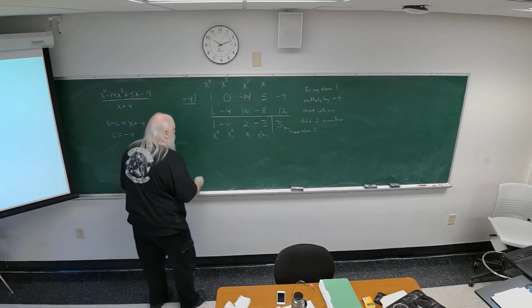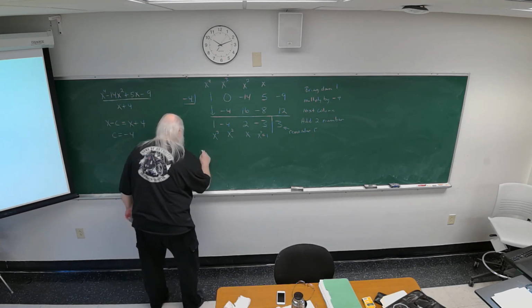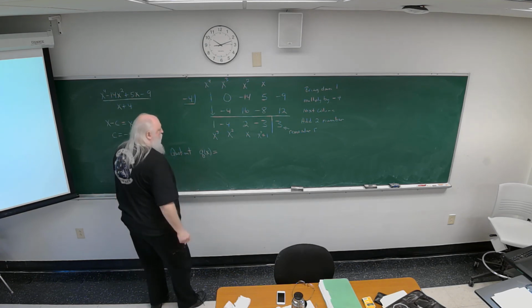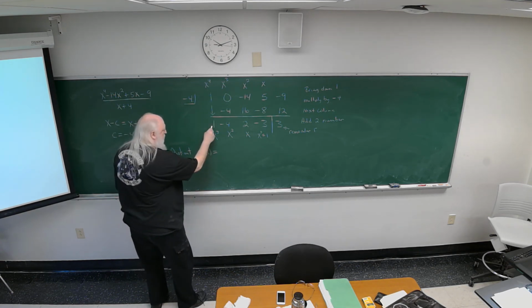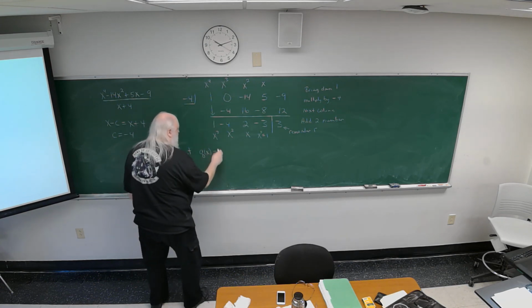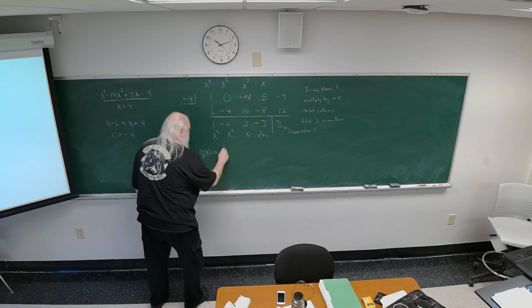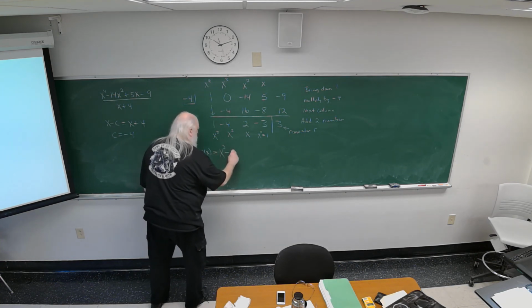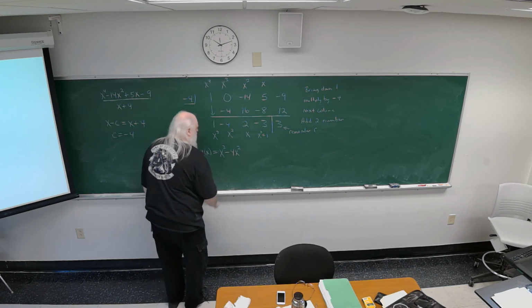So to get the quotient, which we call q of x, we multiply the coefficient times its x term. So 1 times x cubed is x cubed. -4 times x squared is -4x squared.